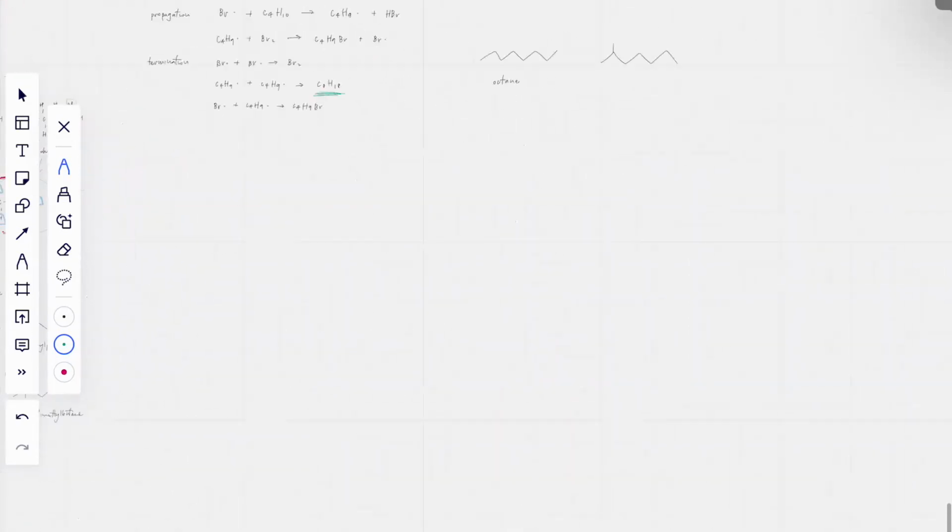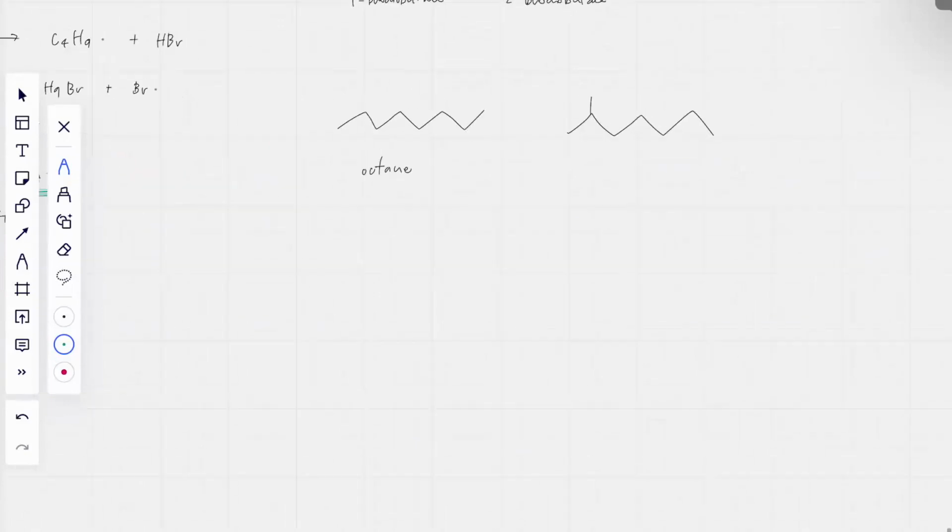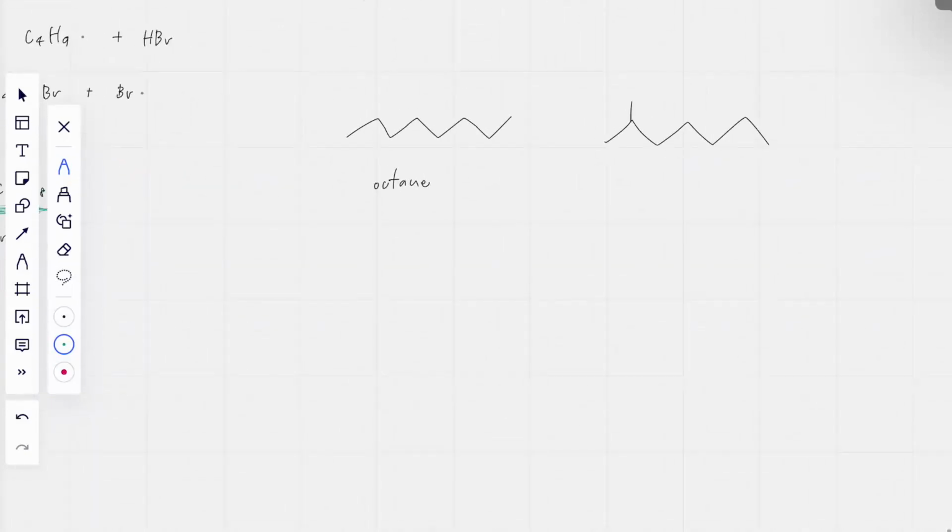Where do you draw it? Octane. Okay. Oh, then you have a lot. But it's okay because you draw skeletal, right?